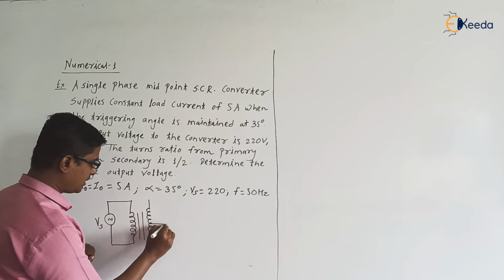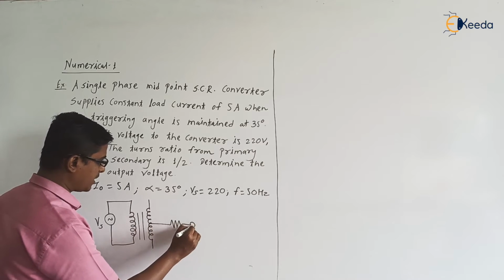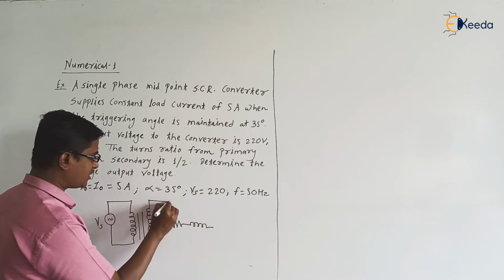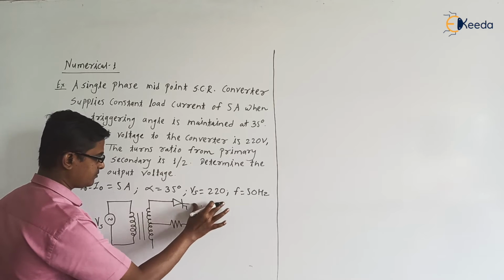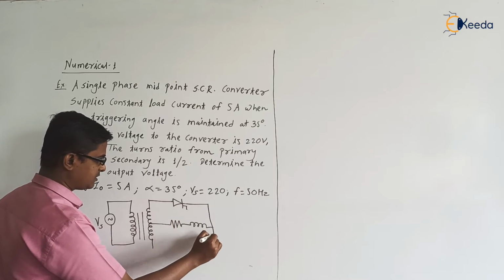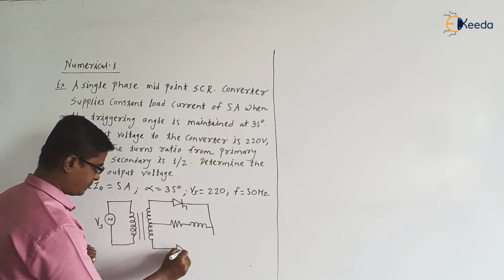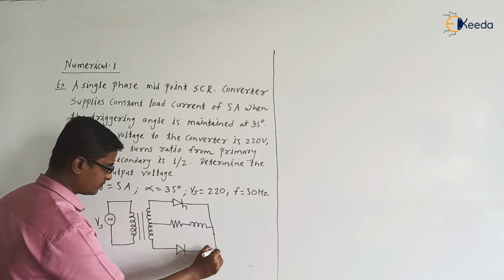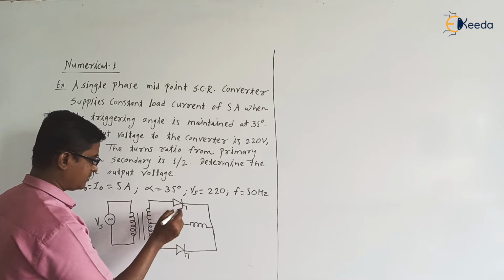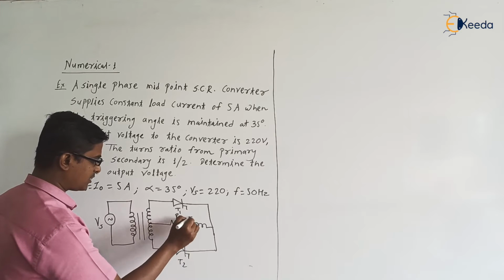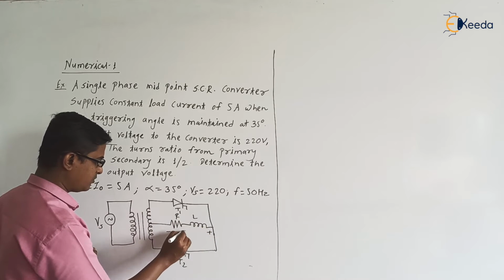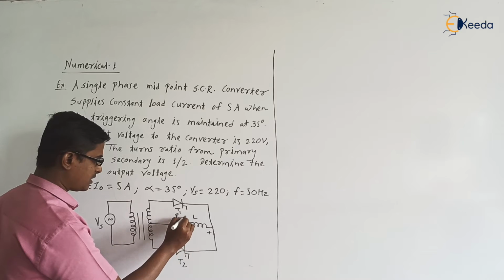Let us consider it as an RL load, as they have not given anything about the E. This is thyristor T1, and here we are having thyristor T2. This is T1, this is T2, this is R, this is L. This voltage is V0 and here current is I0.